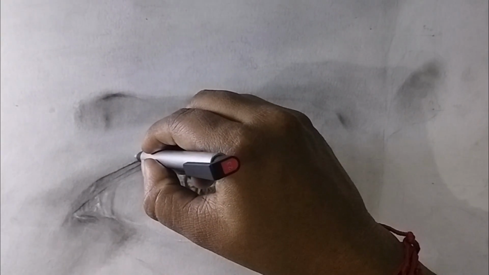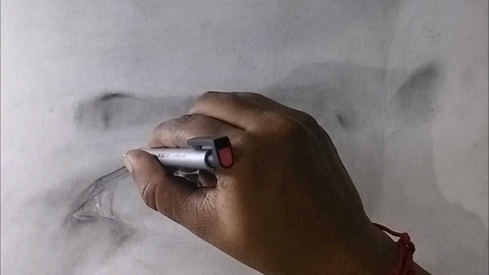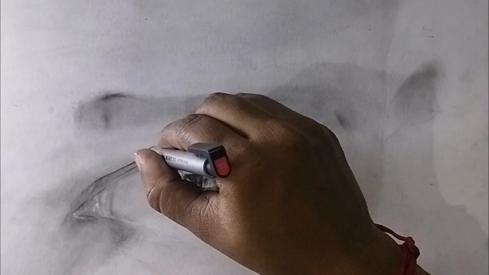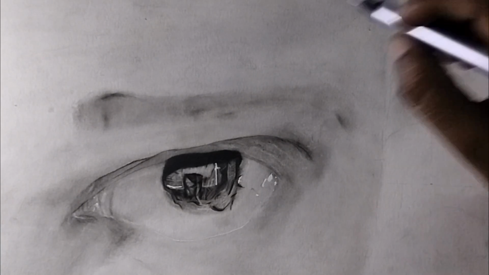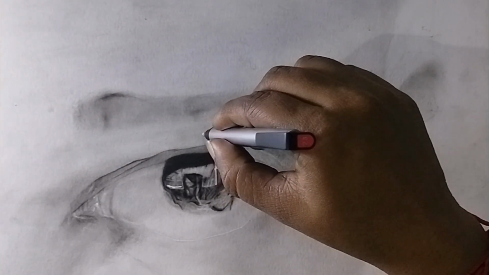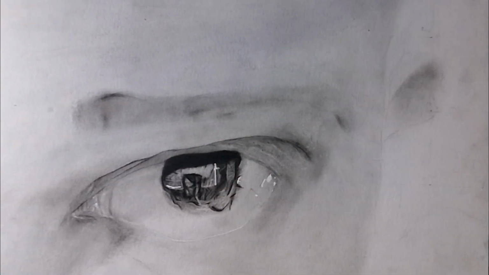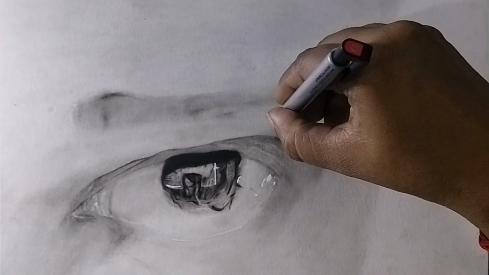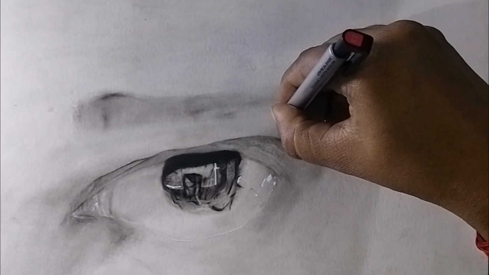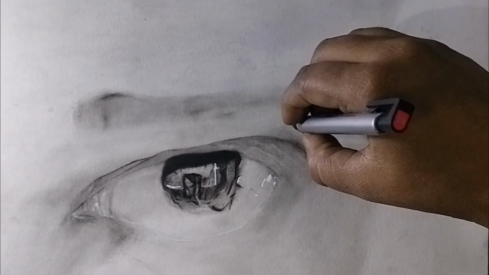So I'm doing it, and I'm not just blindly copying it exactly the way it is. I'm just giving the impression that there are some pores here. That's all. It's very random here. I'm not following the exact same position and all because they're very small details.